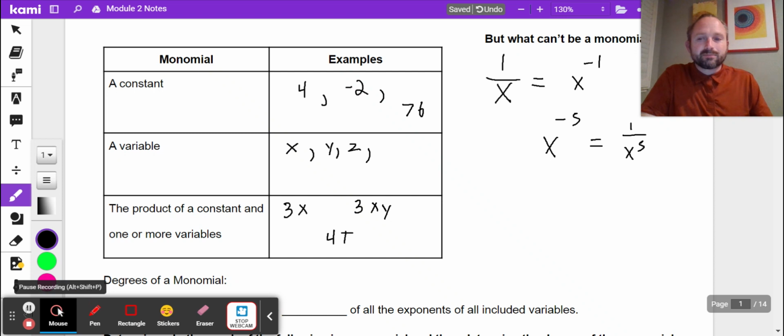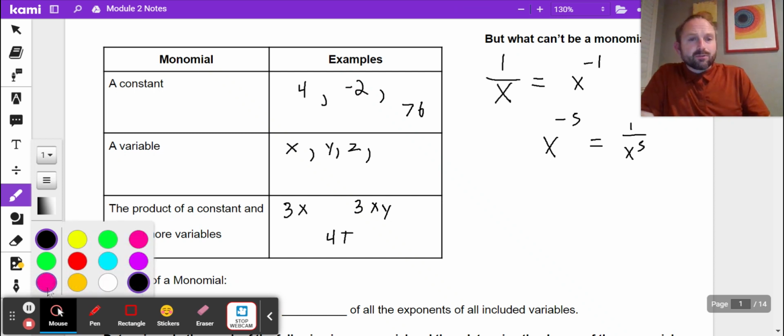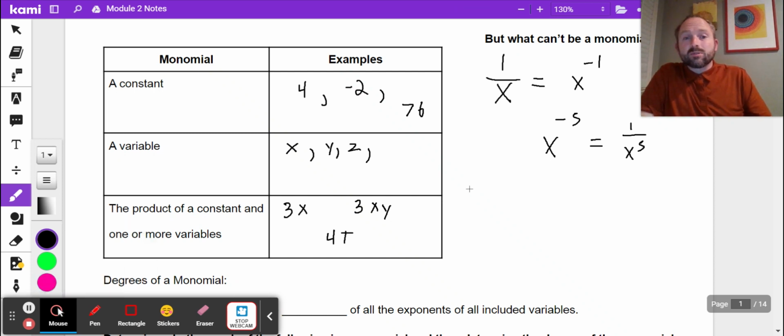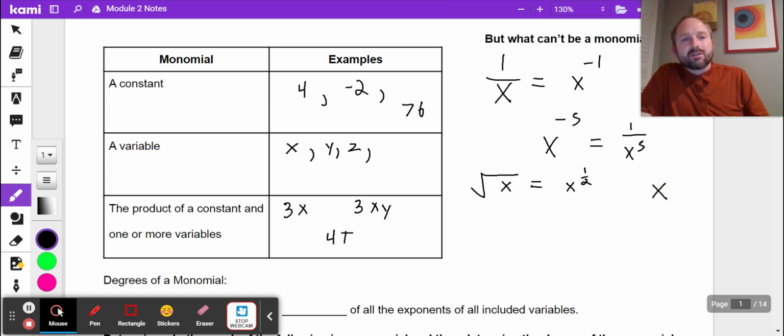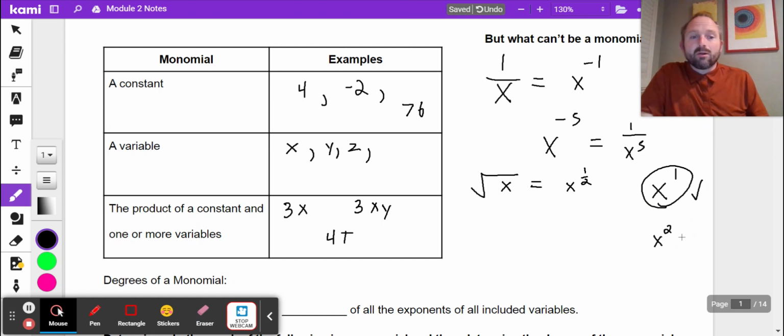Let's show you another example. Another example is if we have it in a square root sign. So that will equal x to the 1/2. That means it's not a monomial. It needs to have a positive power. So this is x to the positive first power. So that's good. x squared has a positive second power.